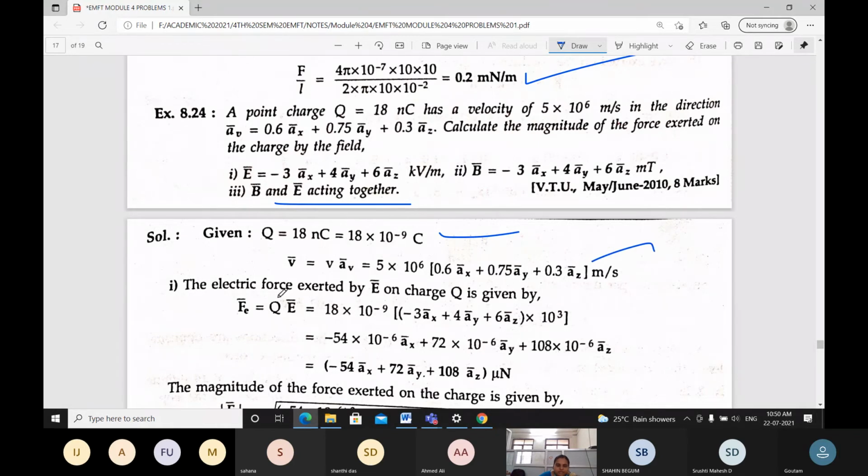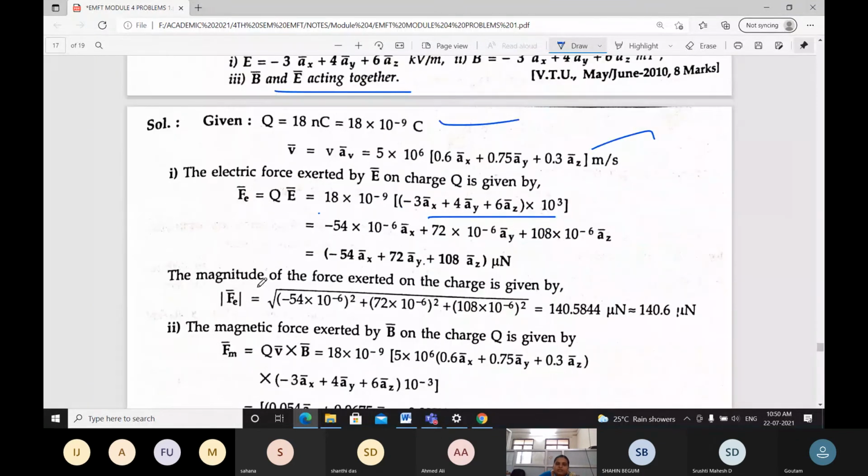Then the electric force exerted by E on charge Q, Fe, is going to be, you know this, Q into E. E is already given for us, that you have to take here, Q into E. Then multiply this, and you will get minus 54 AX plus 72 AY plus 108 AZ micronewtons.